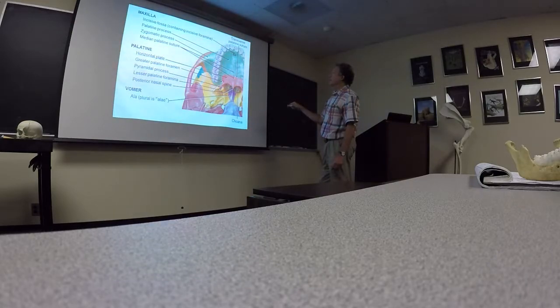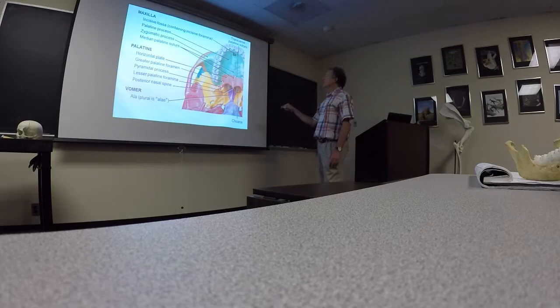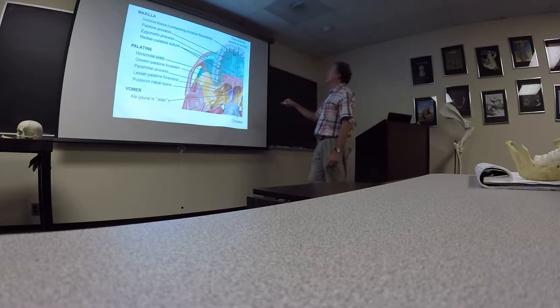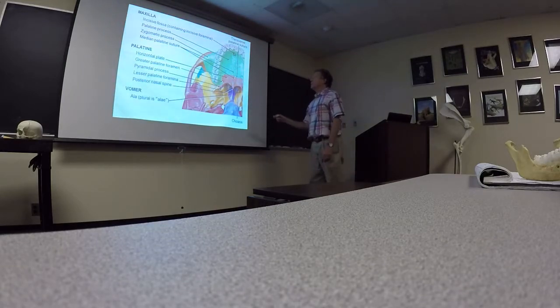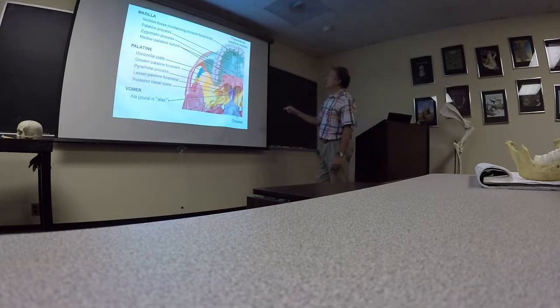Further back is 1 hole or 2 holes shown here, the lesser palatine foramina. Usually there are 2. This is still the palatine bone. See, it's sort of got this little process poking out here. This little process that pokes out up against the sphenoid is referred to as the pyramidal process. And the lesser palatine foramina are lying in that pyramidal process, tucked back in here between the sphenoid and the maxilla.